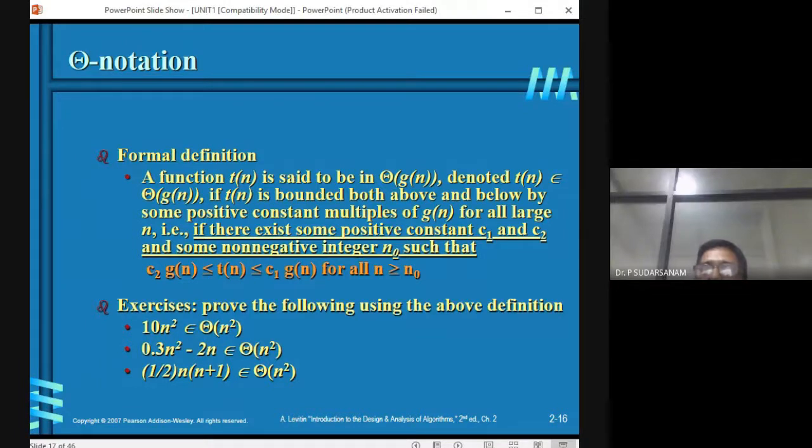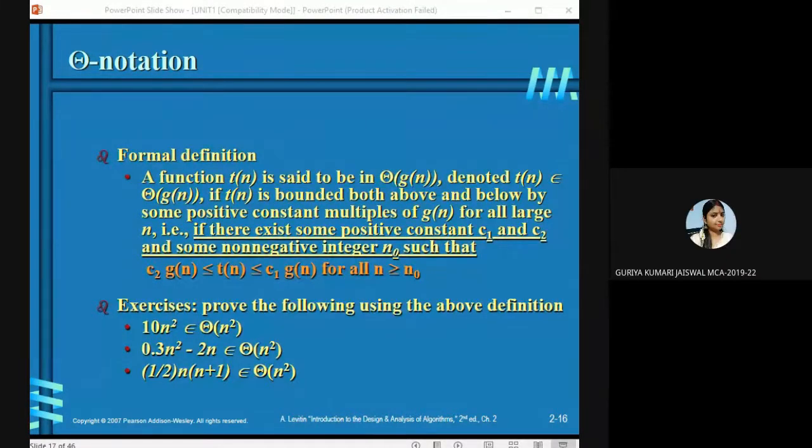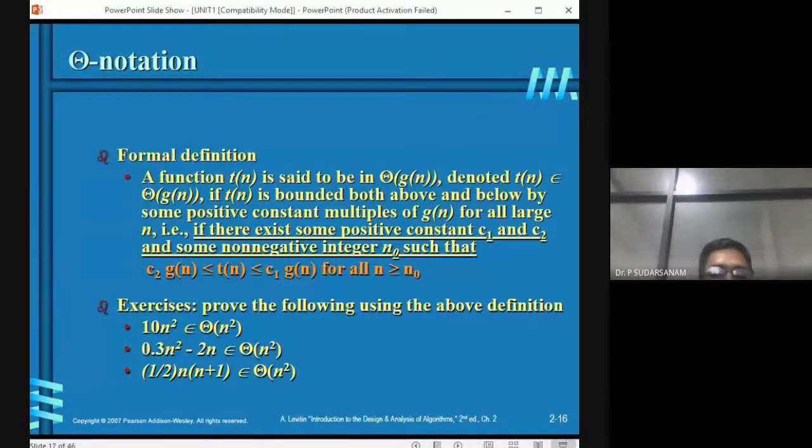Any other people? Amresh? Any doubt? Sir, Guriya Kumar, tell me. Sir, I didn't understand. You didn't understand? Yeah. Okay.